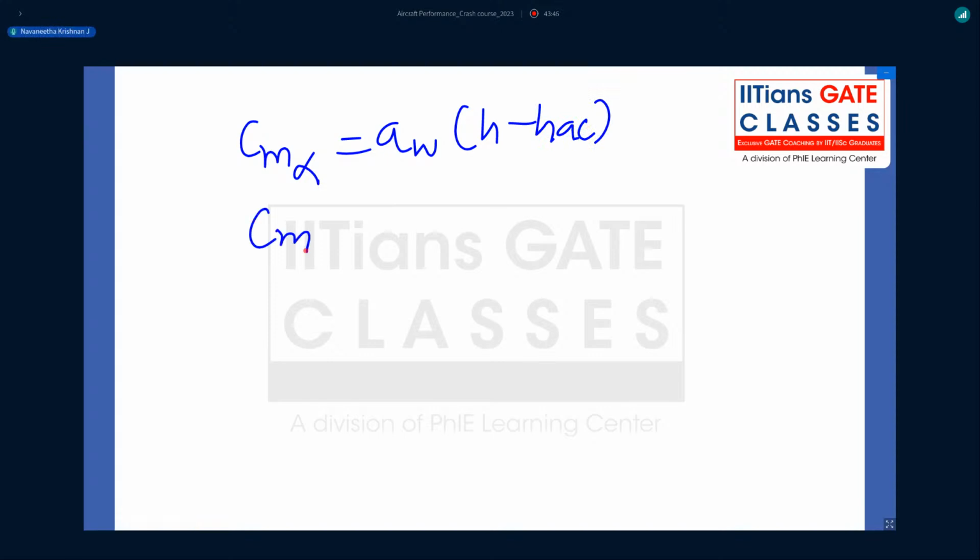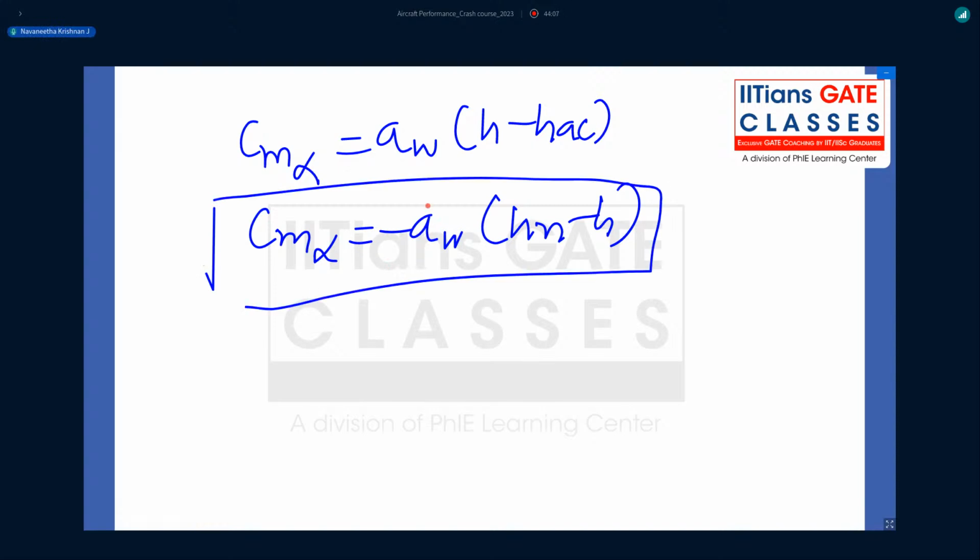For the aircraft it is minus AW into HN minus H. So it depends upon the neutral point of the aircraft and the CG location of the aircraft. So Cm alpha must be negative for an aircraft to be longitudinally stable.